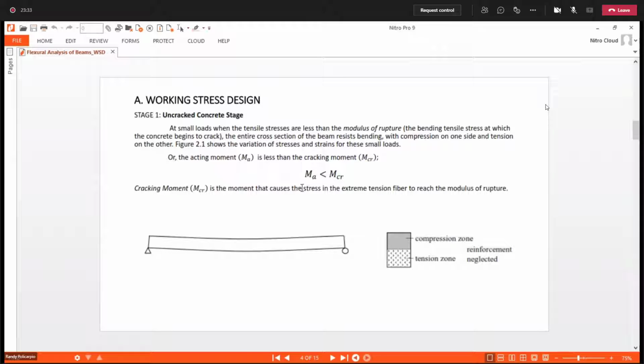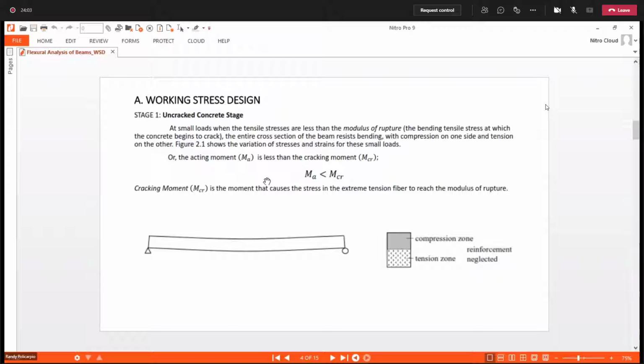The criteria for us to identify if our beam is in the uncracked concrete stage, all we need to do is compare MA and MR. What is MA? MA is the acting moment, the actual moment based from the service load.